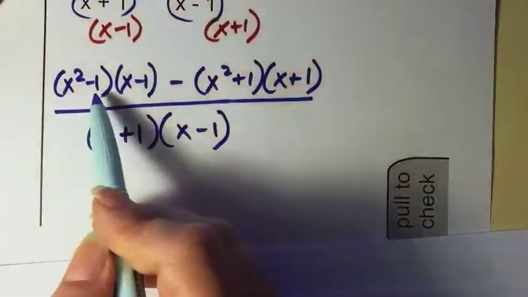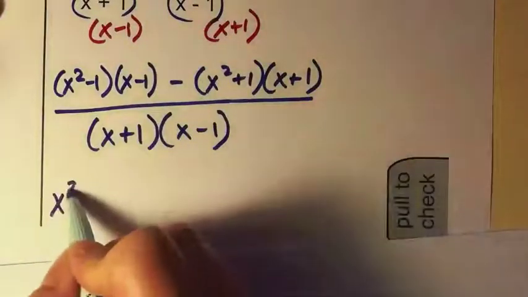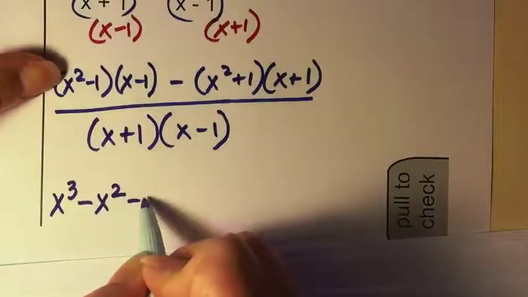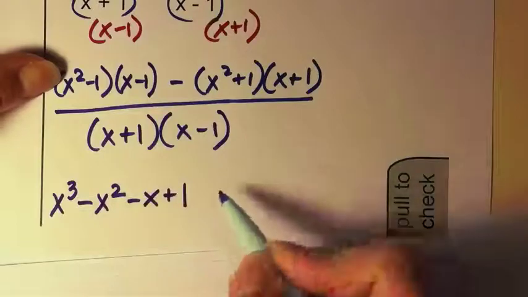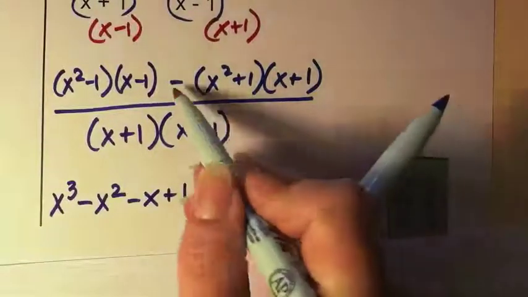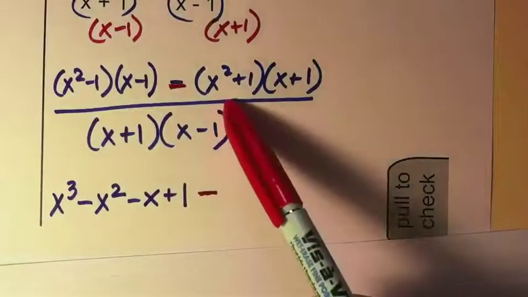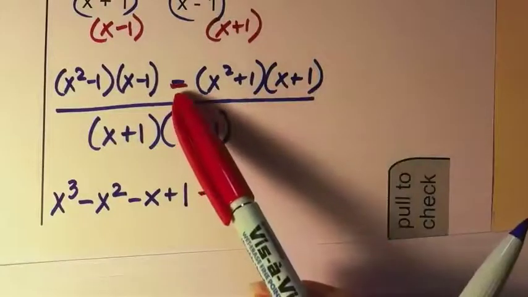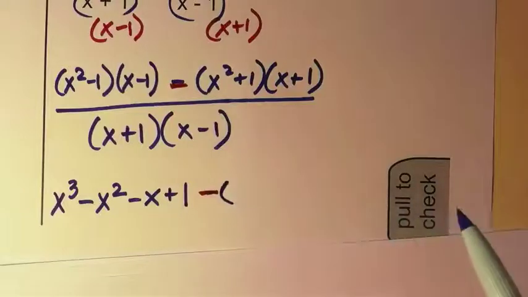So x squared minus 1 times an x plus 1, if I FOIL, I end up with x cubed first. Outer will give me a negative x squared, inner negative x plus 1. Okay, that's on this one. Minus, be very careful, I'm going to put this in red. This minus sign is right here, that minus sign, minus, and I'm going to do this FOIL, but I'm going to put that in parentheses because that minus sign is going to have to be distributed later, okay, because I'm subtracting this whole amount.